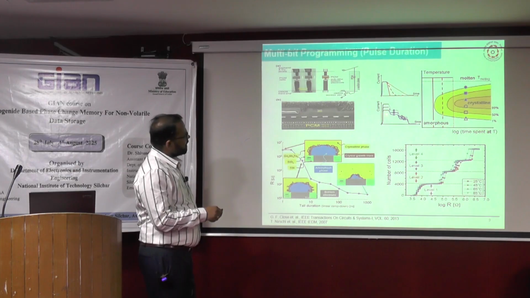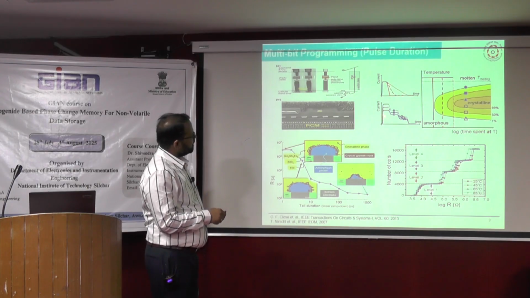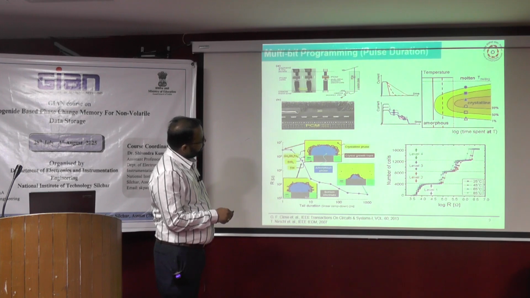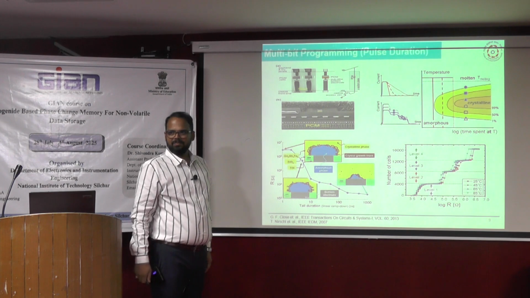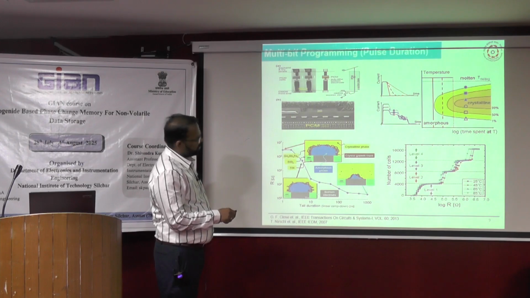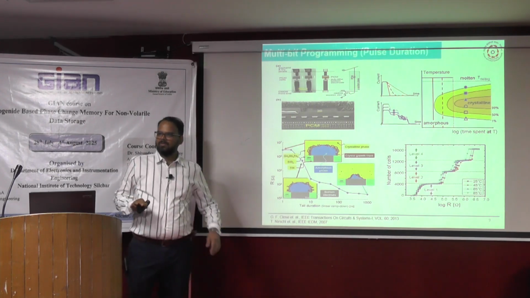Similarly, in another approach to pulse duration, they use a staircase way, tuning multiple resistance states. They heat up and reach one state, and then again reach another state. Is it clear, all of you?